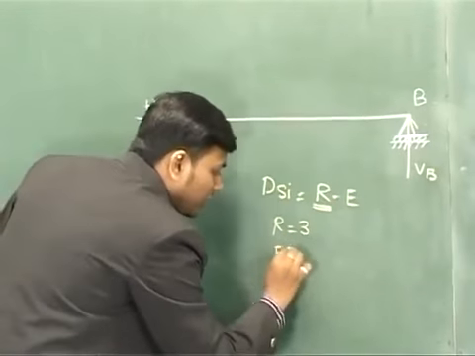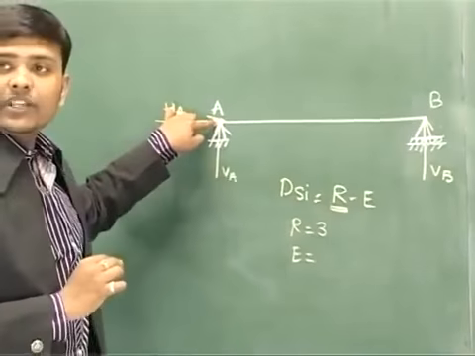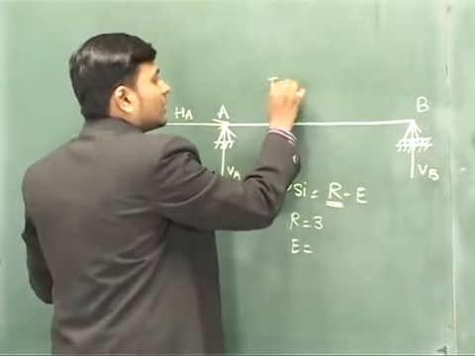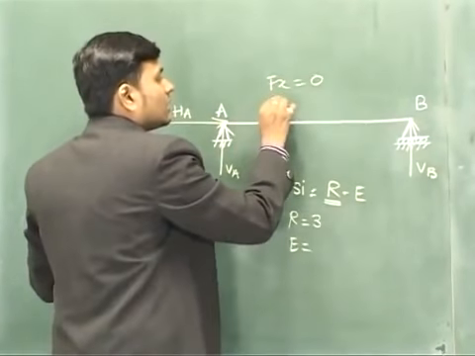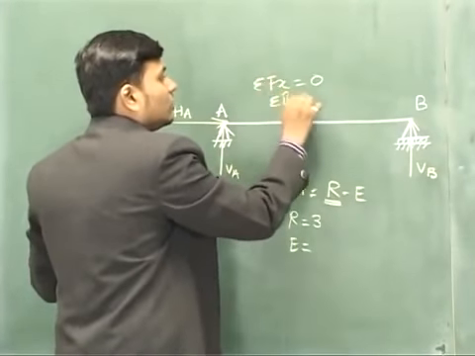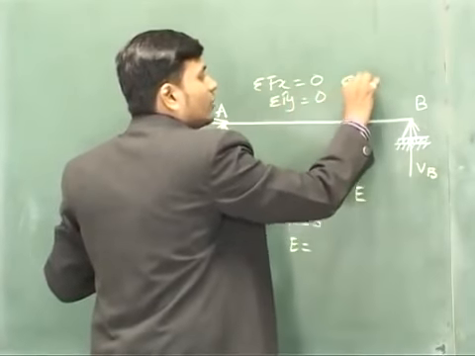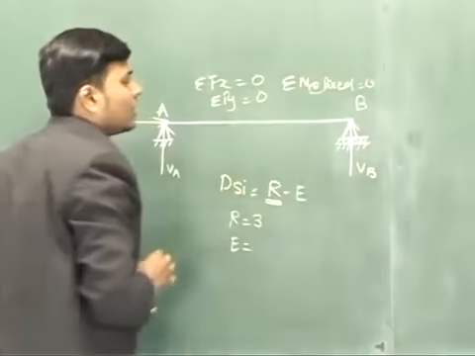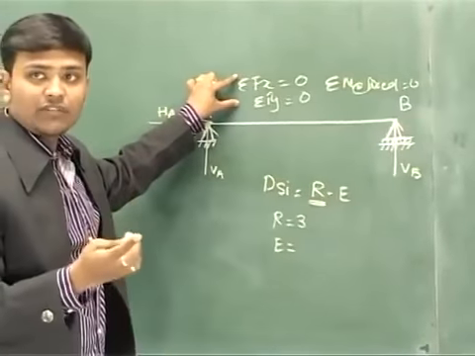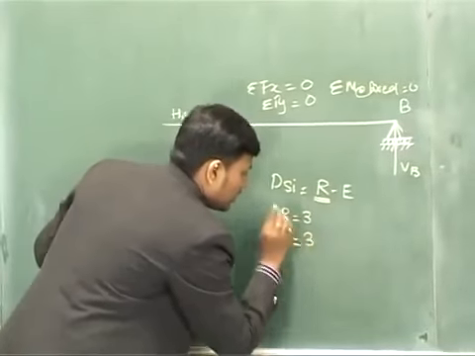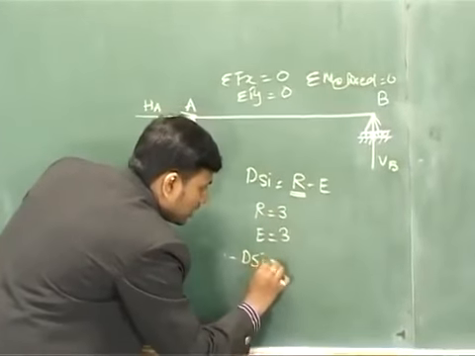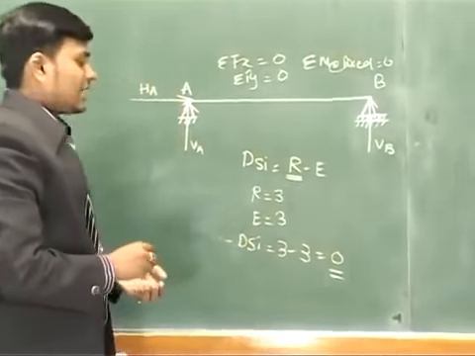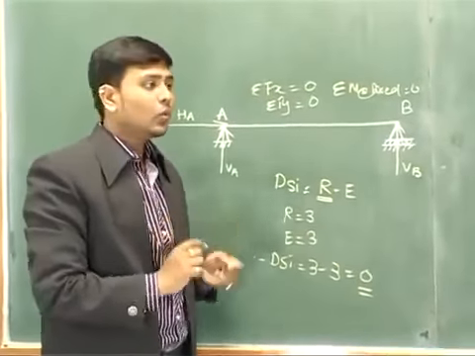Whereas number of equations, since this is a equilibrium concept, the equations of equilibrium are summation fx is equal to 0, summation of fy is equal to 0, and summation moment at fixed end equal to 0. So we have equations of equilibrium, number of equations are 3, therefore dSi is equal to 3 minus 3, 0. So the correct answer will be A, 0.